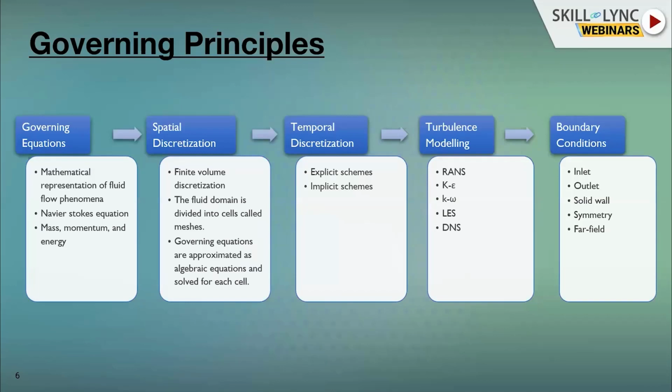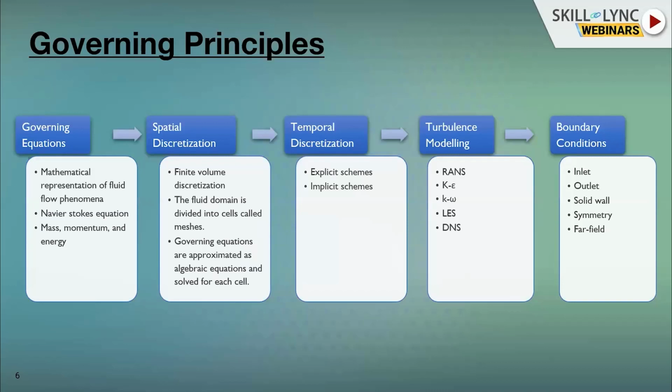Anyhow, since in industry people use commercial codes, they don't have to actually worry about this. These are the things which happen in the background of the solver. They have to select the right schemes based on the flow problems. Okay, so spatial discretization is over, temporal discretization is over.